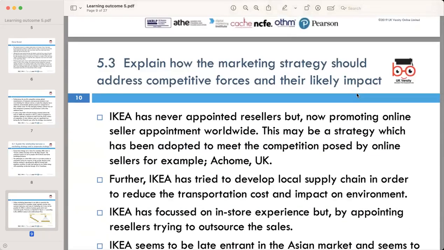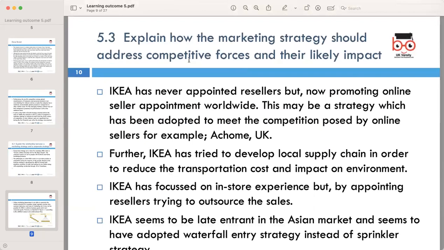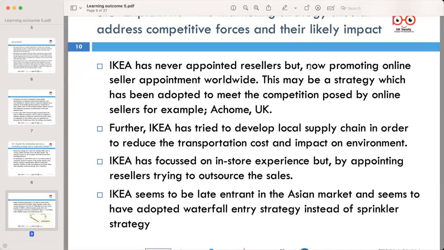So explain how the marketing strategy should address competitive forces and their likely impact. IKEA has traditionally not appointed resellers, but it is now globally promoting online seller appointments, likely in response to competition from online sellers like Argos in the UK. Additionally, IKEA has been developing local supply chains to reduce transportation costs and minimize its environmental impact.